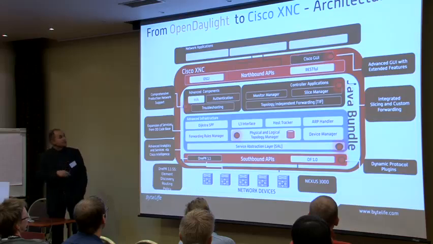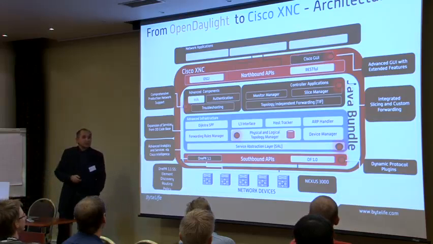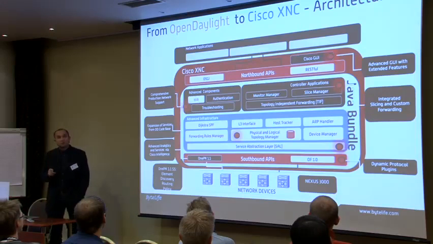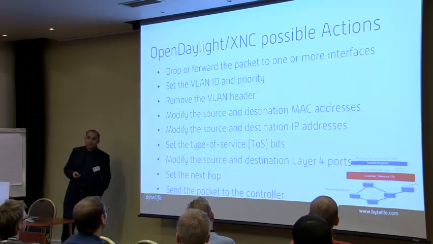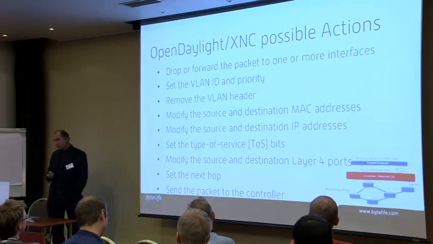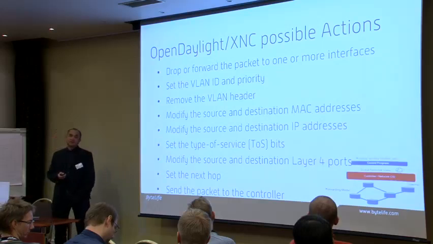Obviously, Cisco had some pieces around it to make it enterprise ready, but I won't go into too much detail over here. So what you can do with this platform or this approach is a bunch of different functions.